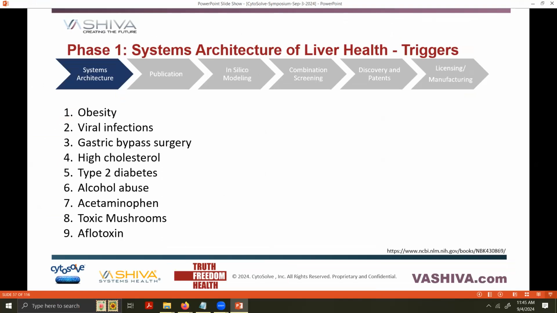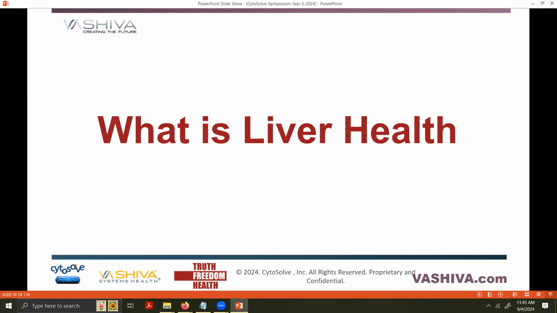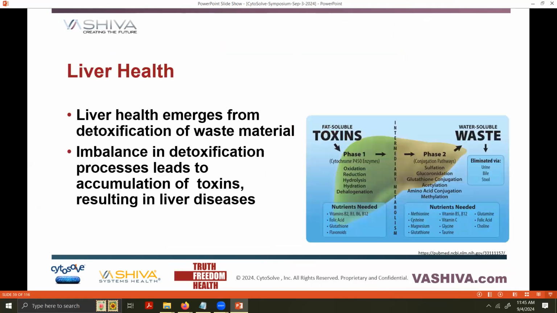So our architecture reveals that there are multiple triggers of liver disease. Next. So what is liver health though? Next. First of all, liver health emerges from detoxification of waste material. And the imbalance in detoxification processes leads to accumulation of toxins, resulting in liver disease.